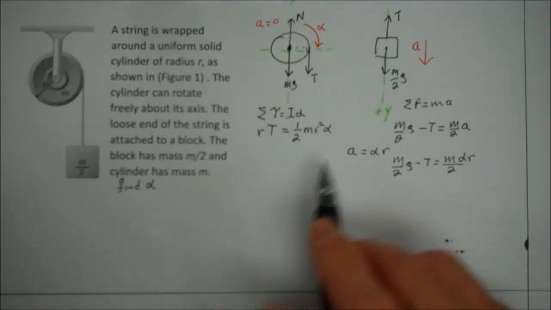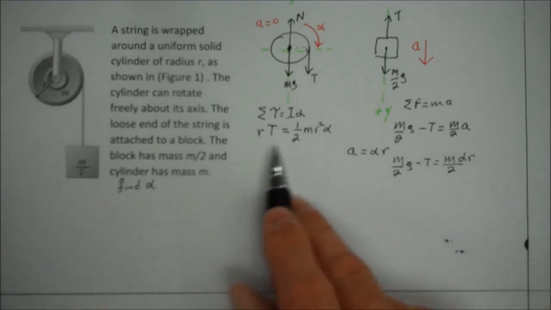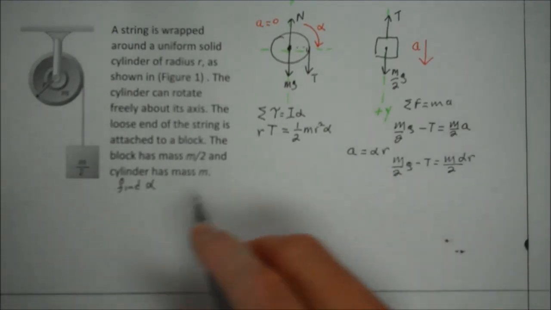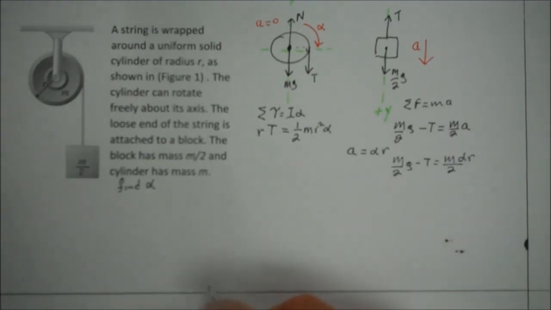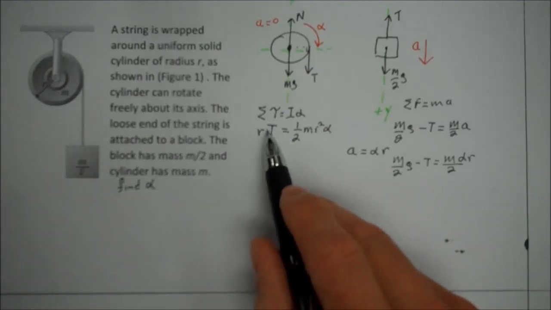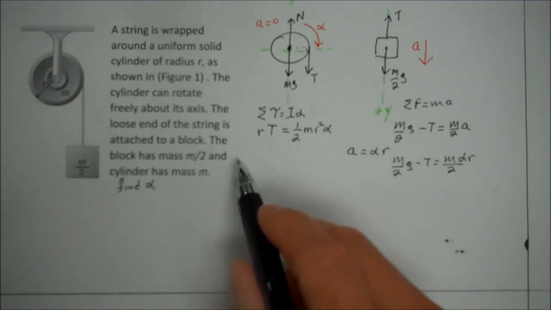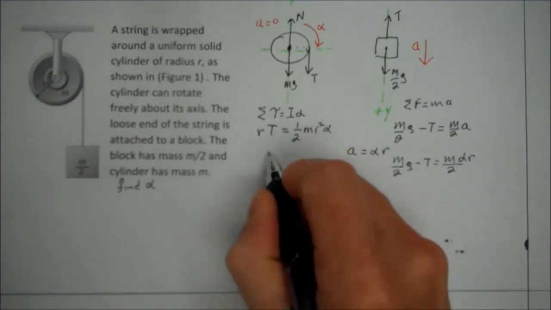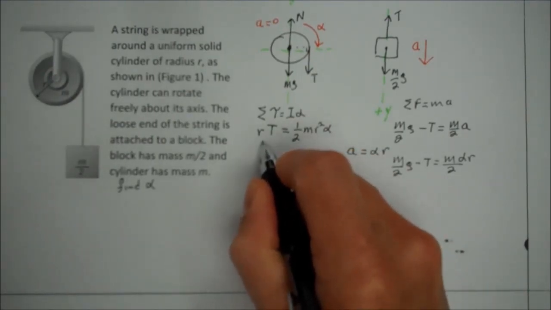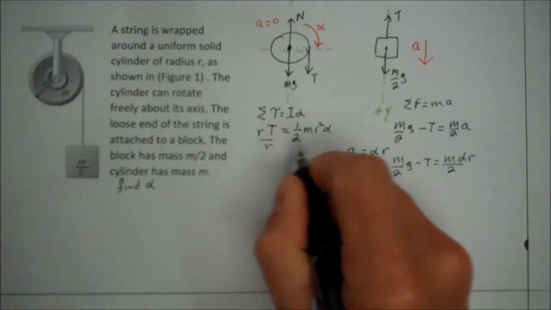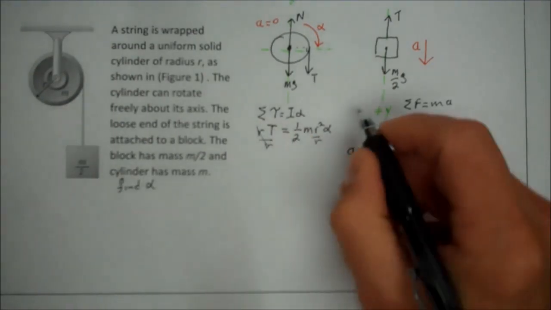Now we can solve these out. Two equations, two unknowns, solve the system of equations. What I'm going to do is solve this side for T and plug it in there. There's multiple ways you could do it, but that's the method I'm going to use. To solve this for T, I'm going to divide both sides by R. Here the R's reduce.